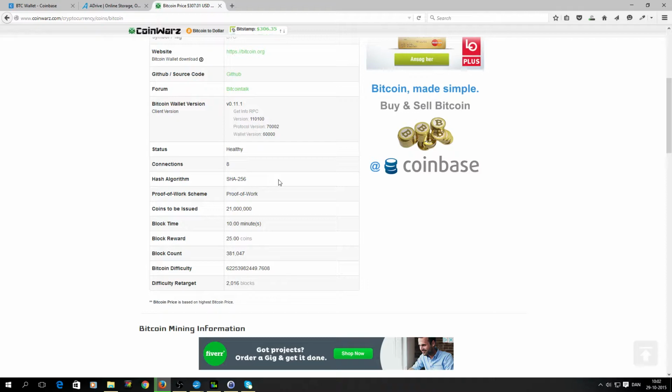For that reason, developers have tried to make some coins that you can still mine with your computer from home and don't need a lot of extra new mining equipment.